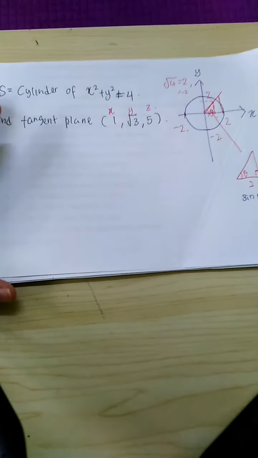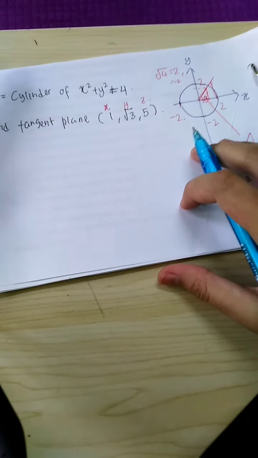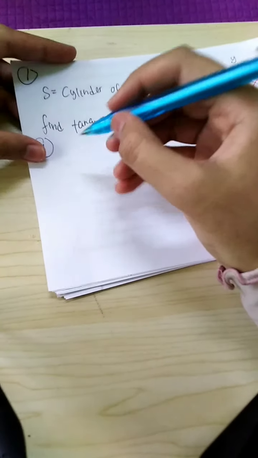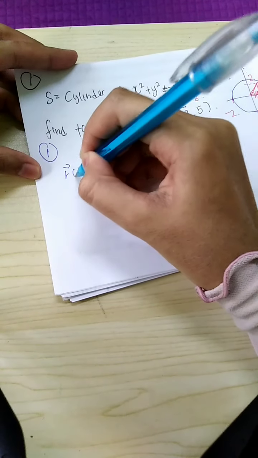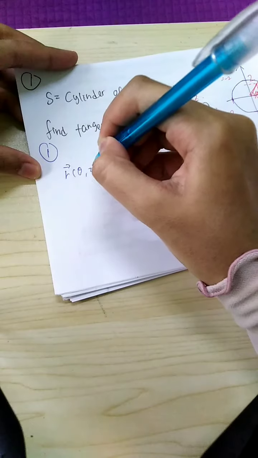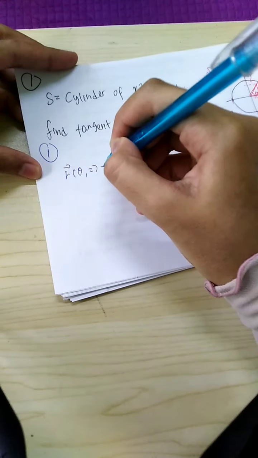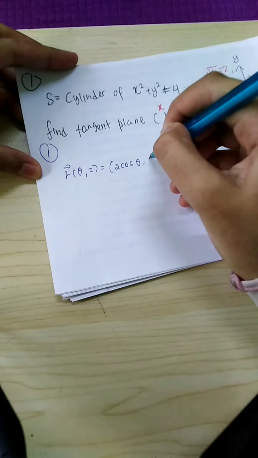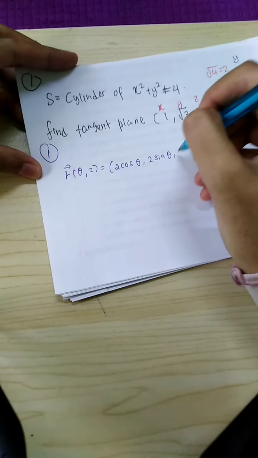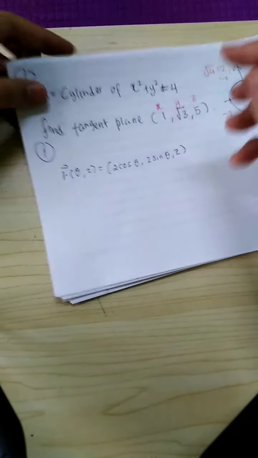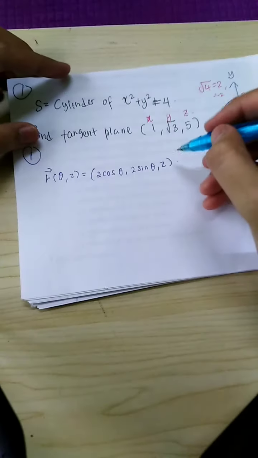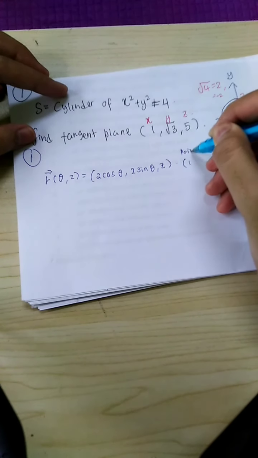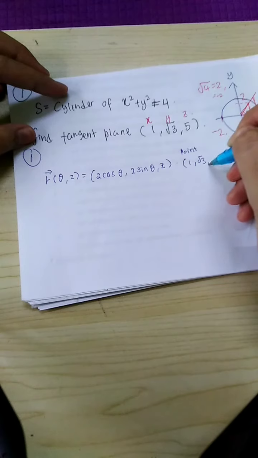So the parameterization that we get is r of theta and z equals 2 cos theta, 2 sin theta and z, and we have the point (1, 3, 5).